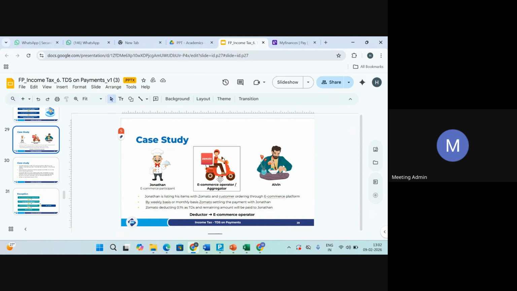Here, the e-commerce operator keeps all the customer amount he has received by himself. At the week end or month end, he goes to the restaurant's office and pays each and every amount, and from the total amount he deducts 0.1% as TDS, and gives the rest of the amount to that particular recipient participant.